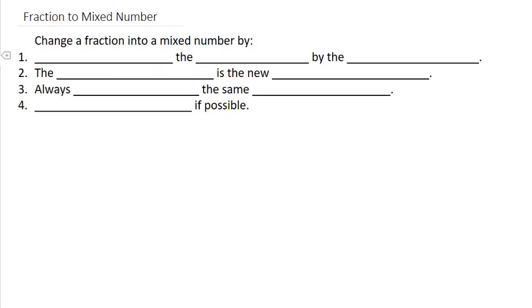Now, when we want to change a fraction to a mixed number, how we change a fraction into a mixed number is we will divide the numerator by the denominator. And the remainder is the new numerator.